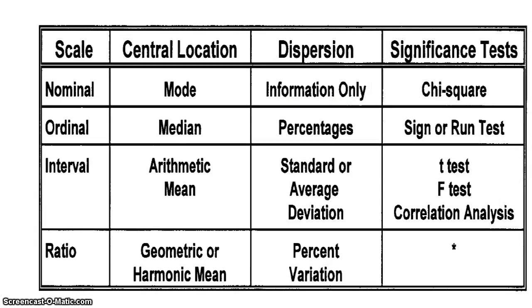Okay, now you know already the measurement and what are the tests that you can use depending on the type of data that you have. If you have a scale and all that, with interval data you can perform t-test, f-test, and correlation analysis.